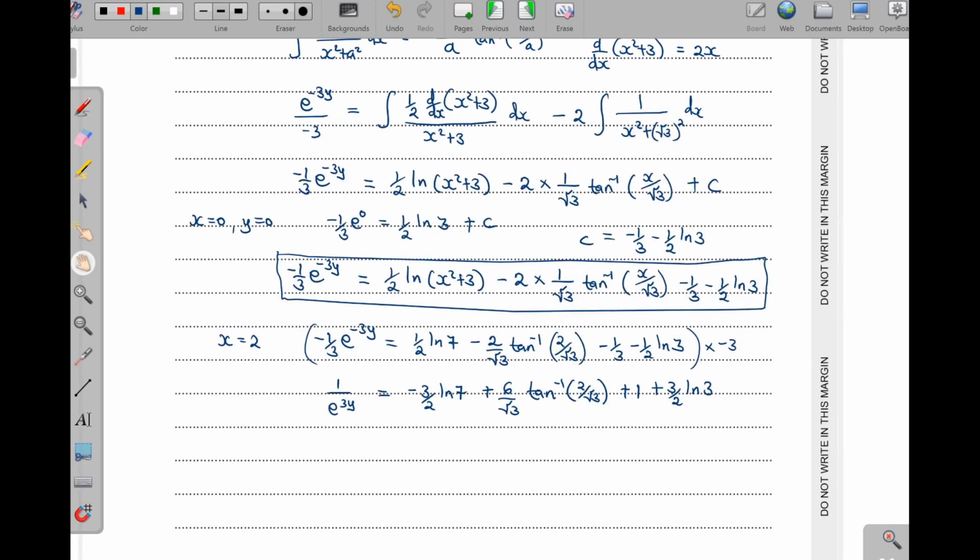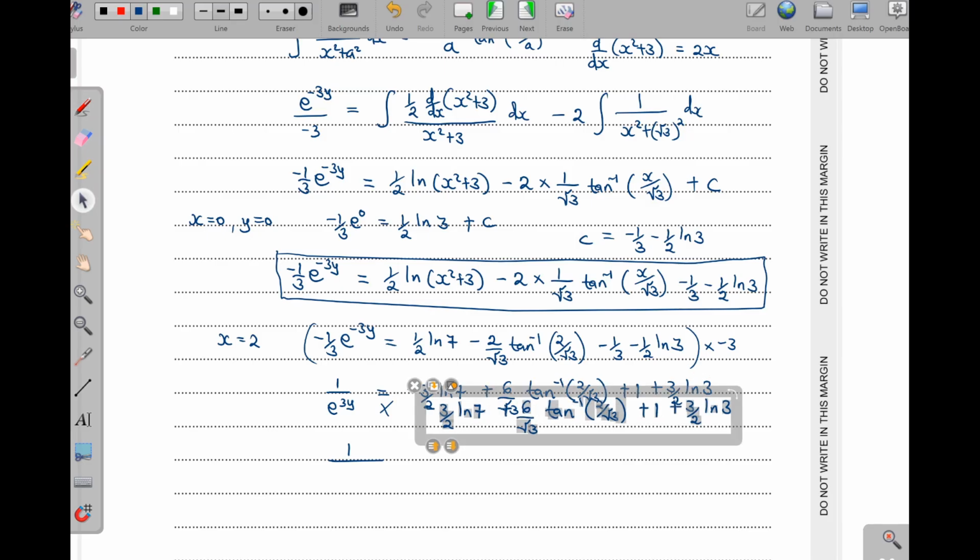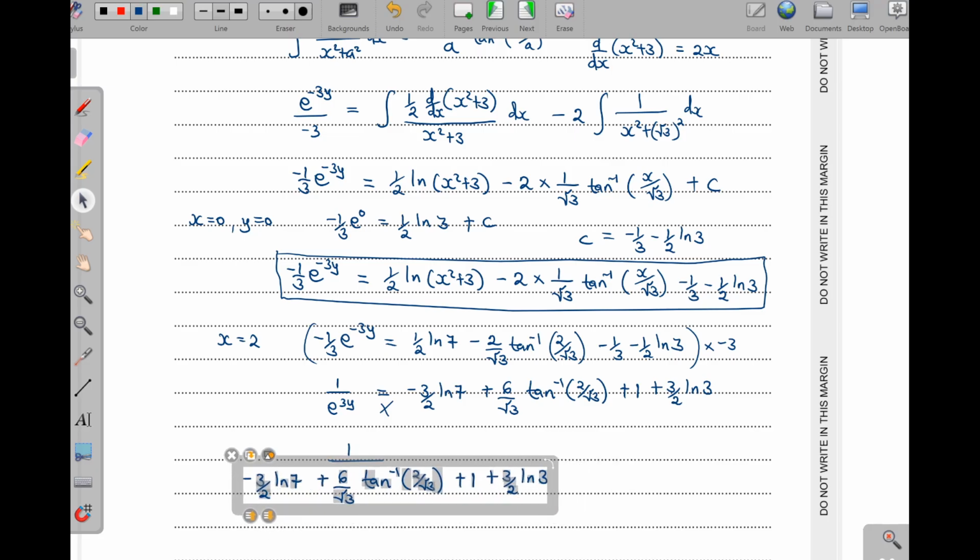Now, we are going to cross multiply. Okay, so the whole of this will come down here, and then e power 3y will go up there. You get that? So we shall have 1 out of, I'll just get the whole of this and I shift it down here. You see?